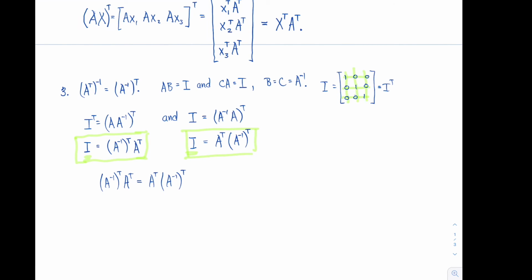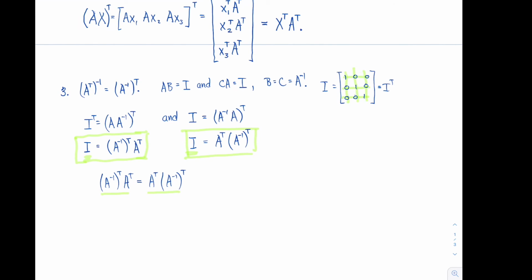Now here's the big step. Look at what I have. I have that A transposed is being multiplied by a matrix on the left, that's on this side. And on the right-hand side, I have that A transposed is being multiplied by a matrix on the right.